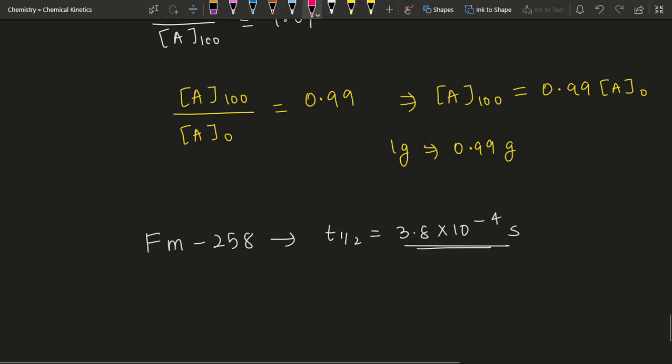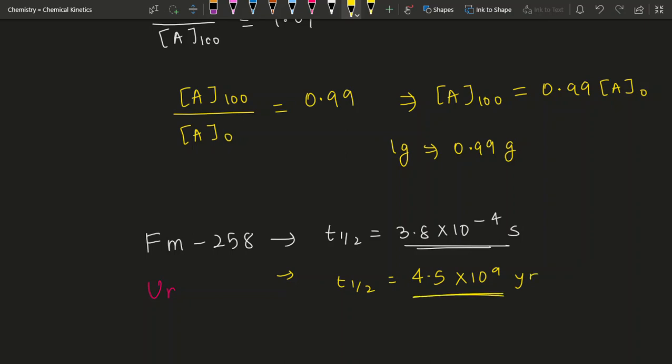However, something like uranium, which is used in nuclear power plants, has a half-life of about 4.5 times 10 to the power 9 years, and that's a relatively stable radioactive substance, and thus it's easier to deal with than other radioactive substances like fermium.